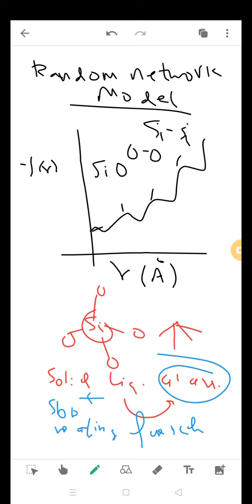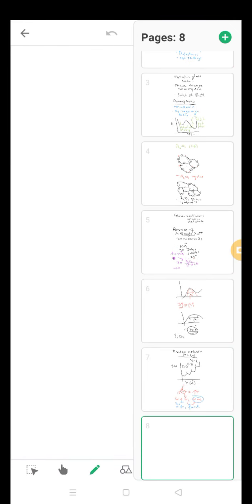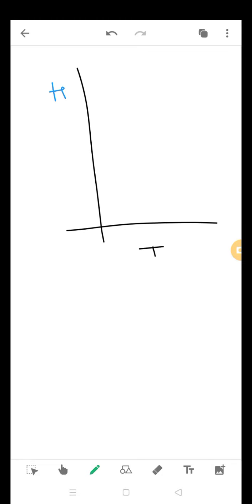Now, thermodynamically, if you plot the enthalpy, or heat of formation for that matter, versus the temperature, you get a plot like this.